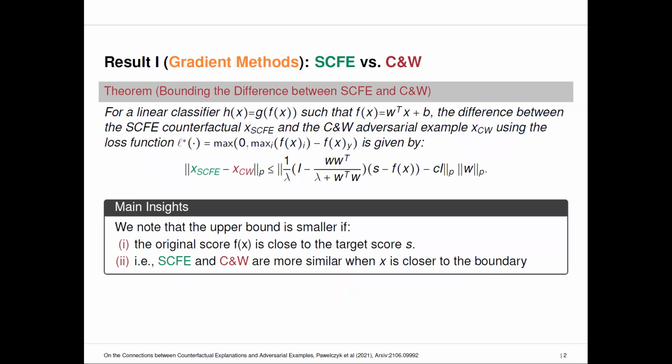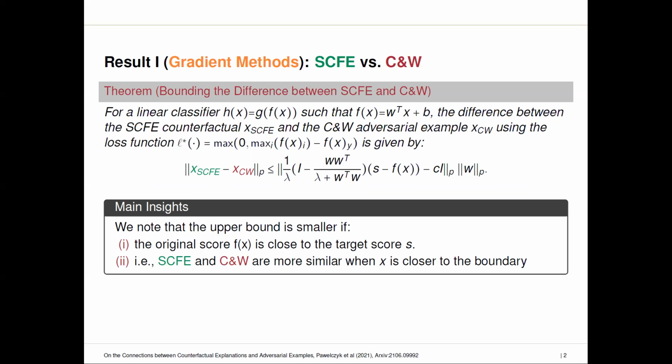All right. We first compare the counterfactual explanations by Wachter with the adversarial examples by Carlini and Wagner. Let's start with our first result. Our first theoretical result says the following. For a linear classifier h(x) with logits given by f(x), the difference in p-norm between the counterfactual explanation method by Wachter and the Carlini and Wagner adversarial examples, using a loss that was proposed by Carlini and Wagner, is bounded by the formula on the bottom.